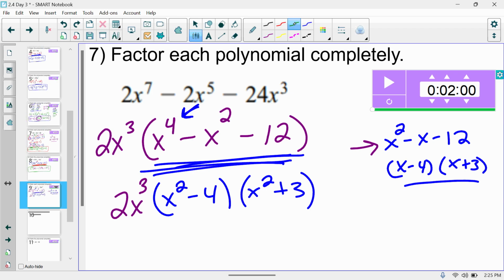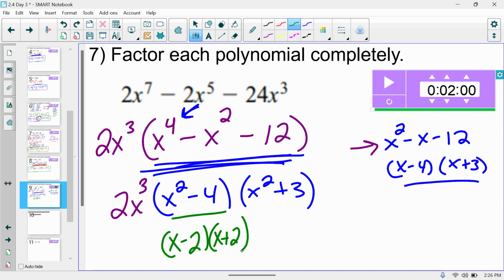There is one thing that's trickier about this: what's in here, for example, is still a quadratic. So you might be able to factor it further. I hope you're getting quick at recognizing this is a difference of two squares. Because 4 is a perfect square, right? 2 times 2 is 4. So I can factor that to x minus 2 times x plus 2.